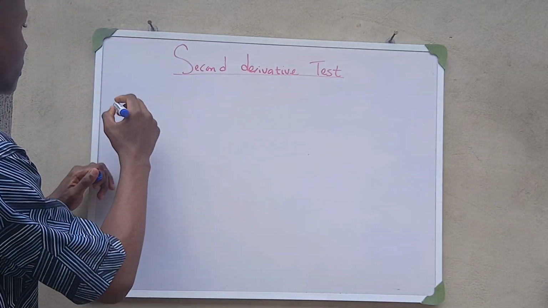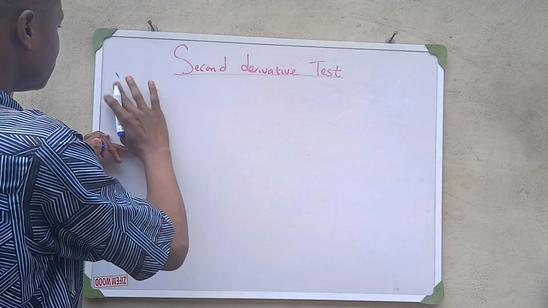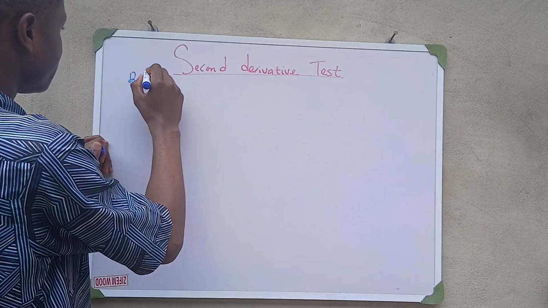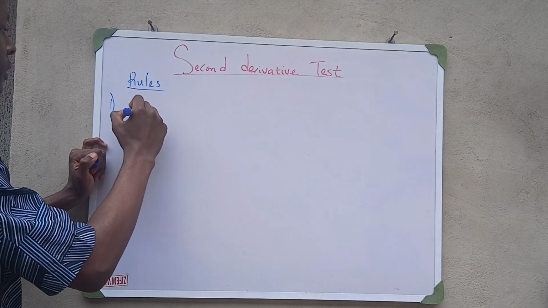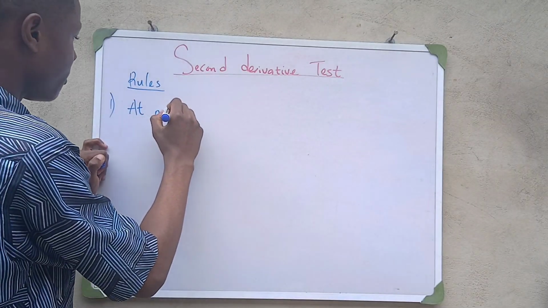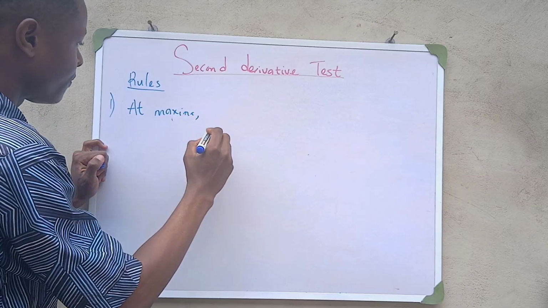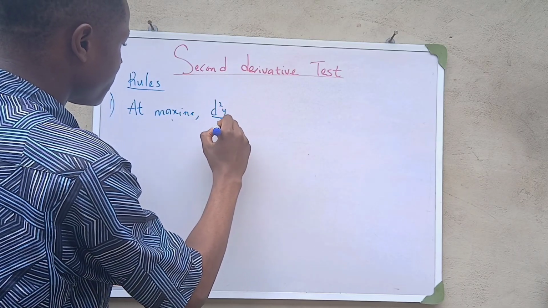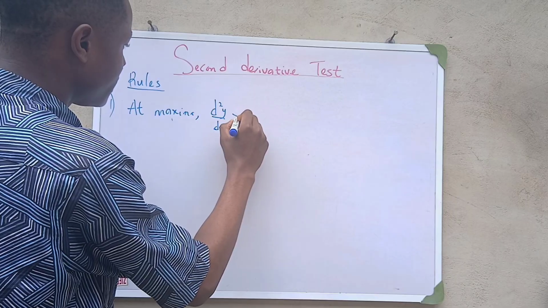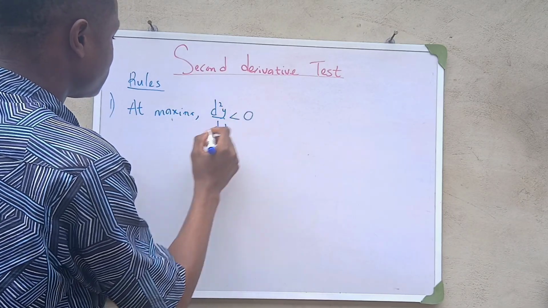These are the rules of the second derivative test, things that you need to know. Number 1: at maxima, d²y/dx² is less than 0.